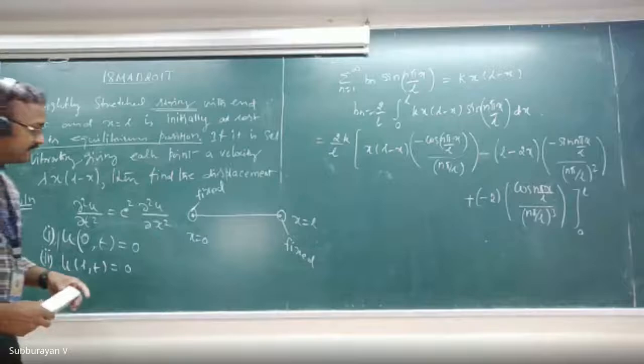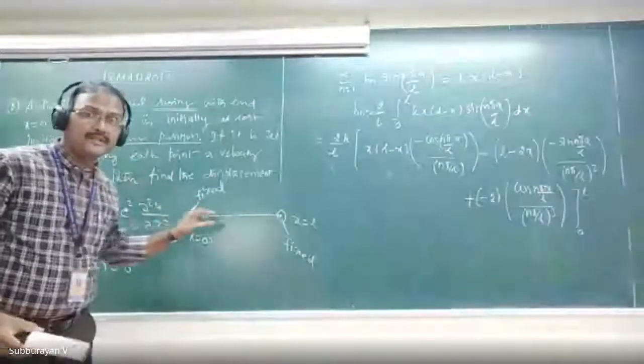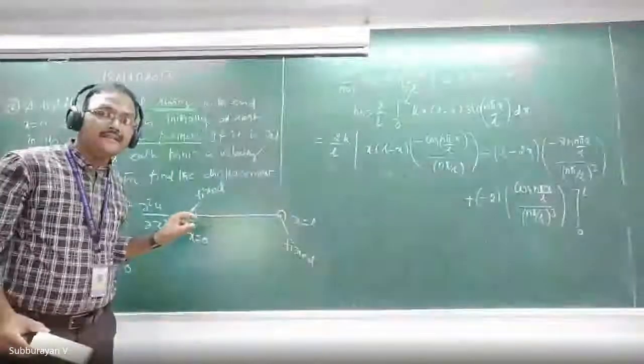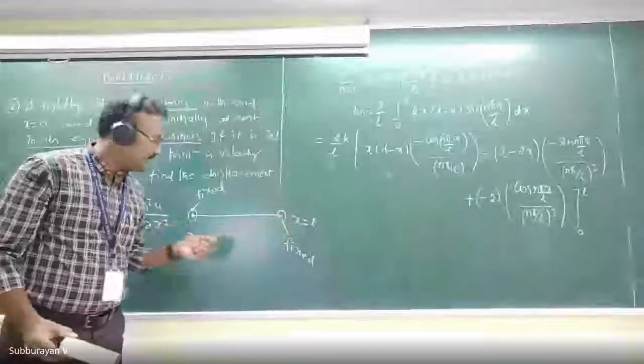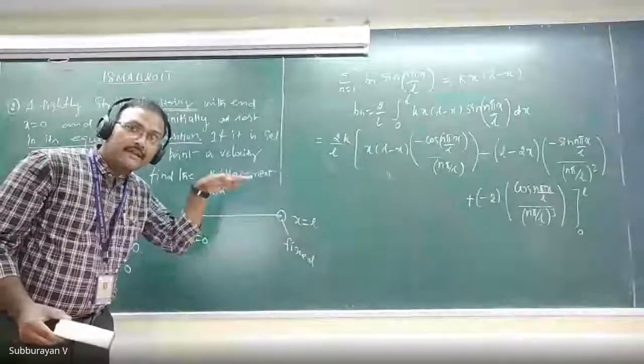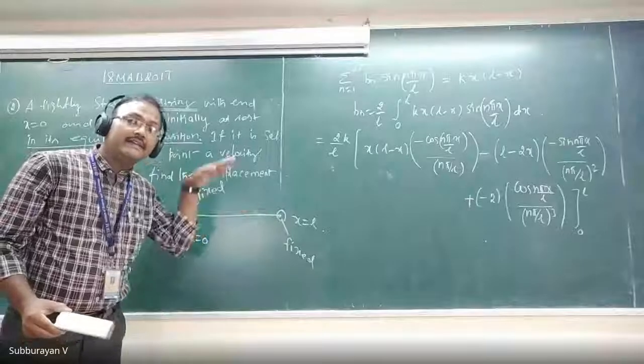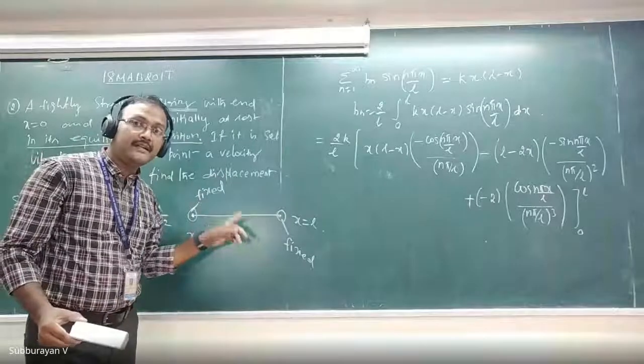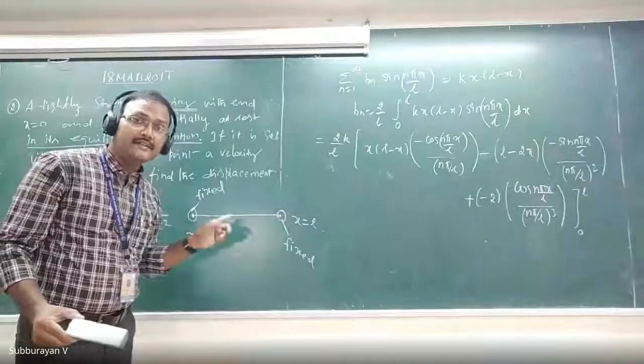And the string is initially in equilibrium position, so it is on the x-axis. Hence, initially the displacement along any point of the string is 0.